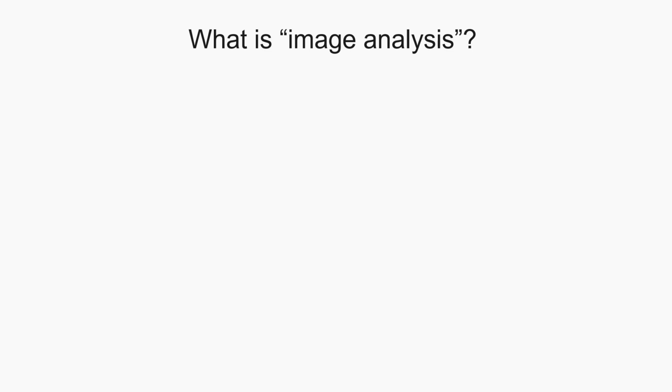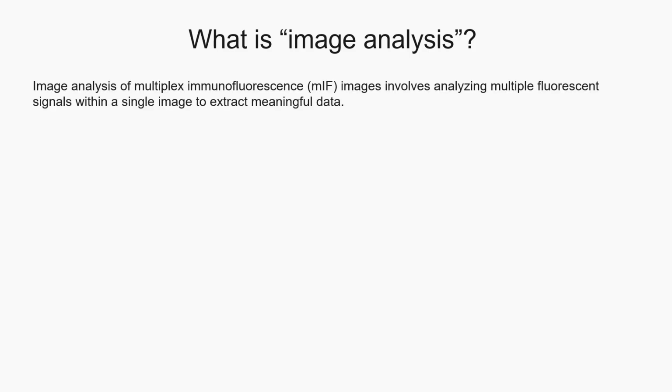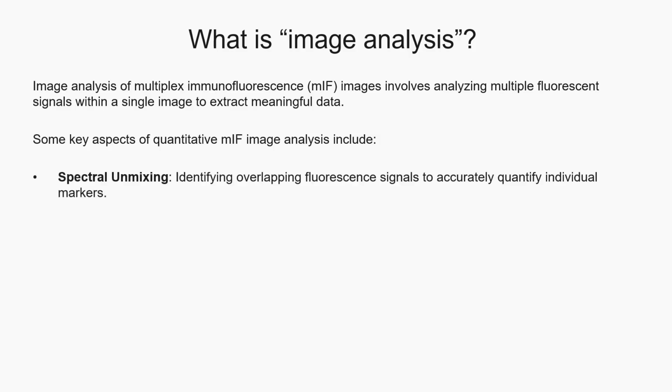So what is image analysis, and image analysis relating to multiplex immunofluorescence images? Well, multiplex immunofluorescence images, or MIF images, involves analyzing multiple fluorescent signals within a digital image and extracting meaningful data. Some key aspects that we might want to consider are spectral unmixing.